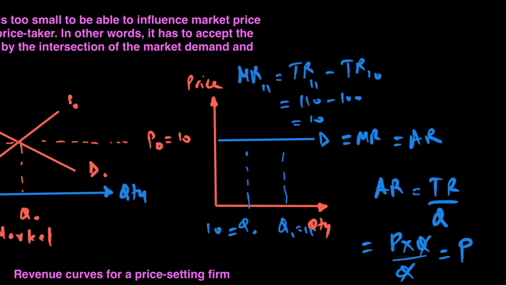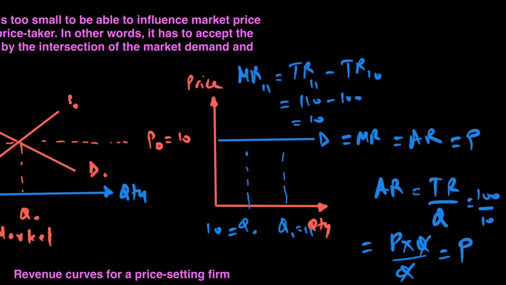Mathematically, TR was 100 over 10, and the answer will still be 10, because the Q gets cancelled in the process, and therefore average revenue is also my marginal revenue, which is also my demand, which is my price.